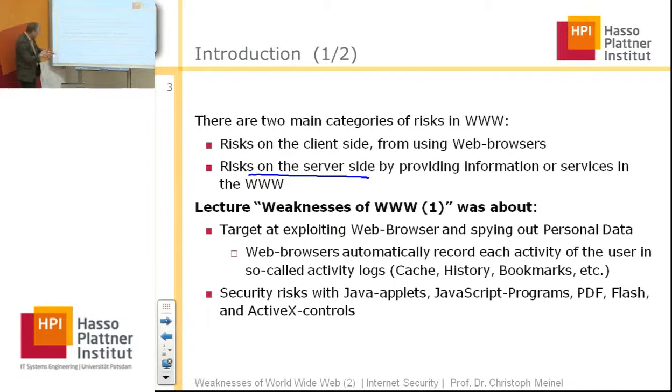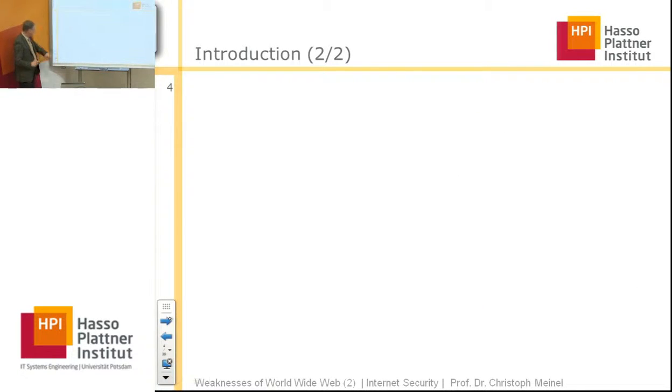The second point we discussed was security risks with using Java applets, JavaScript programs, PDF, Flash, and ActiveX controls. This was in the lecture Weaknesses of the World Wide Web 1.